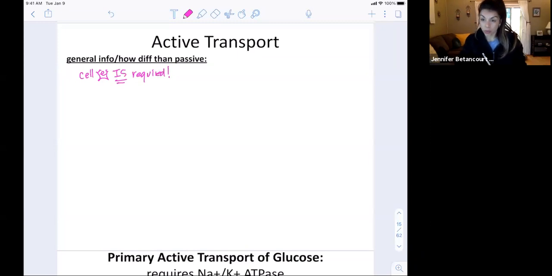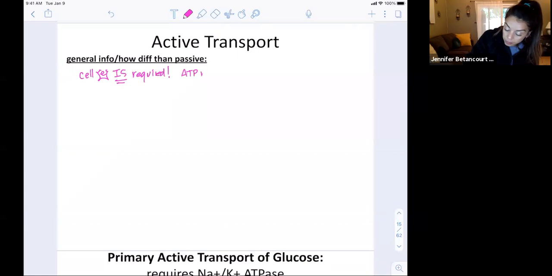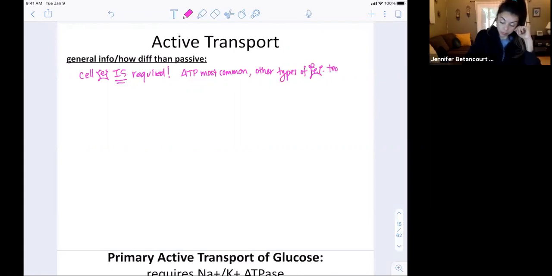Yeah, but that's not our only cell energy. That's just the one that everyone knows. After this class, you'll know that there are other types of cell energy. So we'll say ATP is the most common for now, but know that there are other types of energy that can be used too.